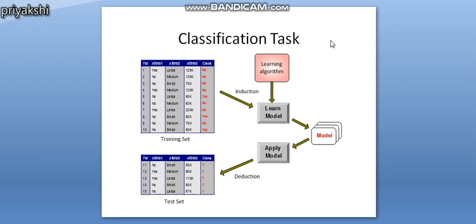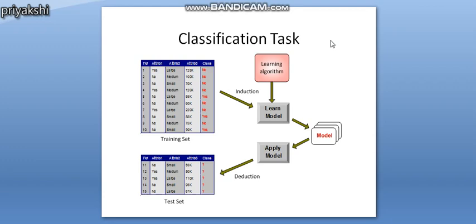So a key objective of the learning algorithm is to build a model with good generalization capability. What do we mean by generalization capability? It means models that accurately predict the class label of previously unknown records.